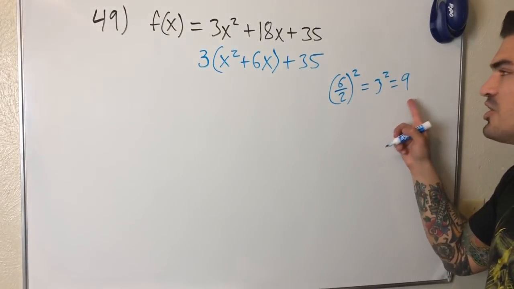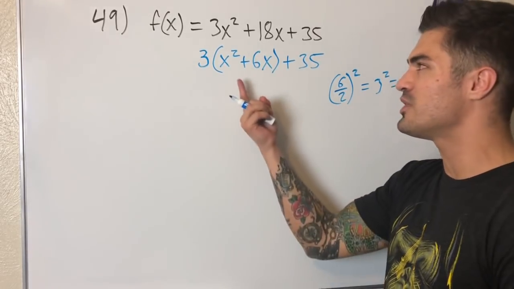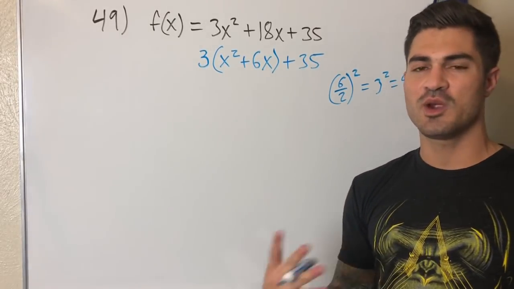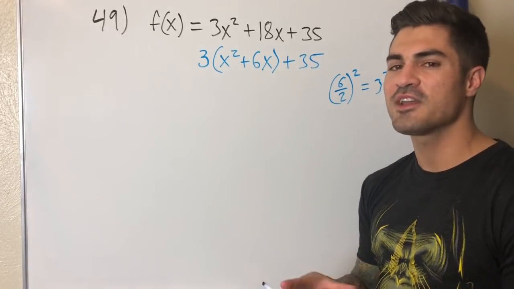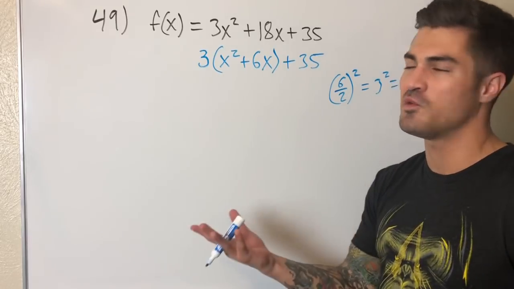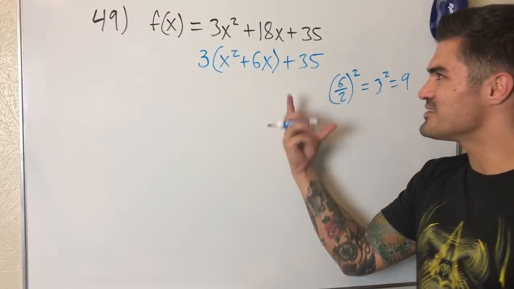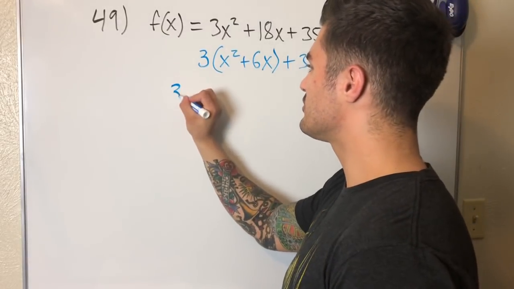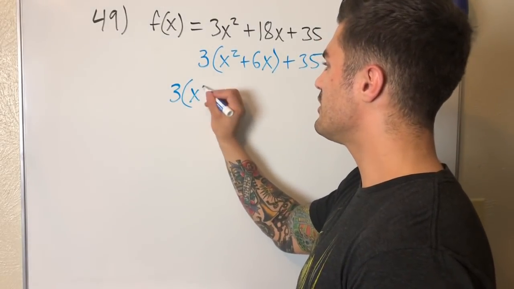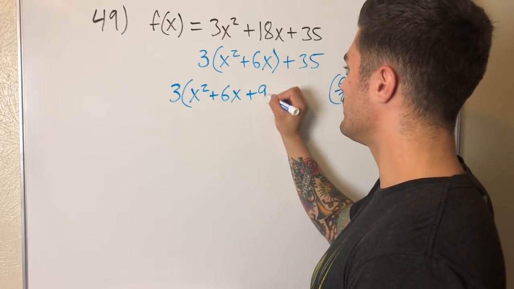This is my number I need to be in here because, again, the goal for completing the square is I want to get this to be a perfect square trinomial so I can factor it into a binomial squared, right, and have it into my vertex form, basically. So I need to add a 9 inside here, all right? So what I get is 3x squared plus 6x plus 9.